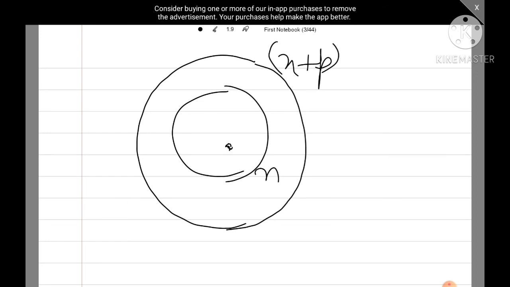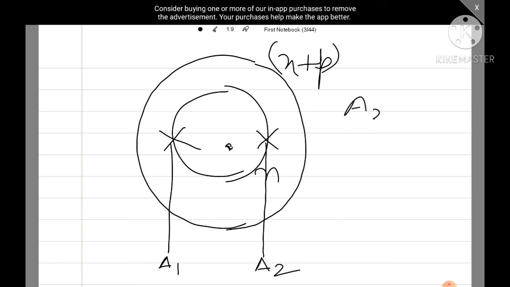So in the microscope, first of all we have to take the crosswire focused on this point, and the reading should be noted. Suppose this is the reading A1. Similarly, by moving this traveling microscope, let us focus its crosswire there, and again note down the reading. Suppose it is A2. Now A2 minus A1 will give the diameter dn.